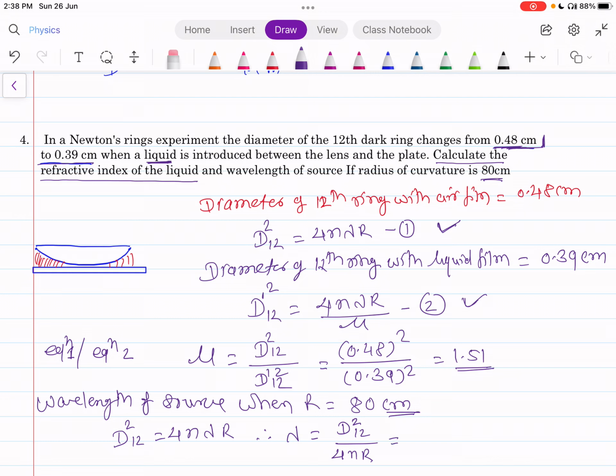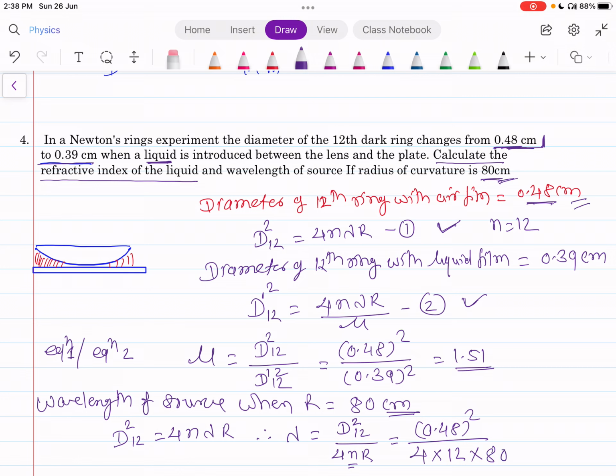So d is 0.48. So 0.48 square divided by 4 into 12 into R. N is 12, as it is the 12th ring. R is 80 centimeter.